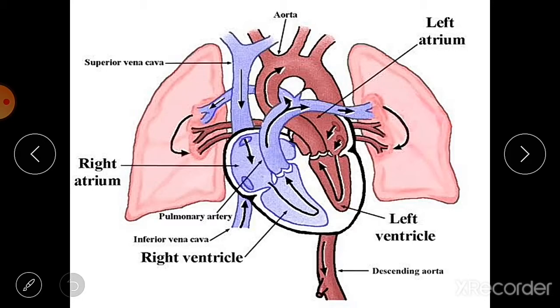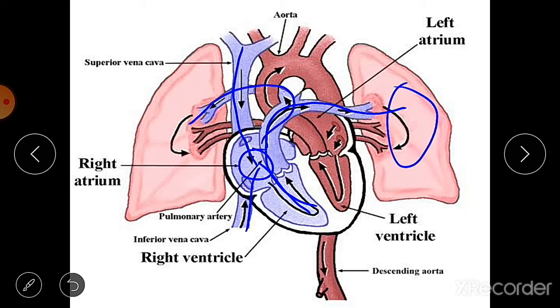Here you can see the lungs and the heart, and how the circulation of blood takes place. Here you can clearly see the inferior vena cava, then the superior vena cava, connecting to the right atrium, then the right ventricle, then blood goes to the lungs through the pulmonary arteries.